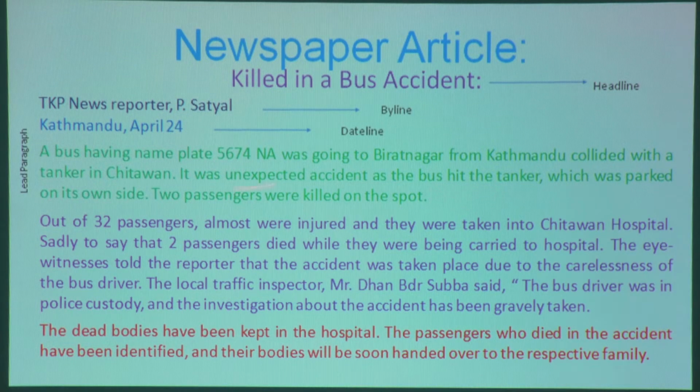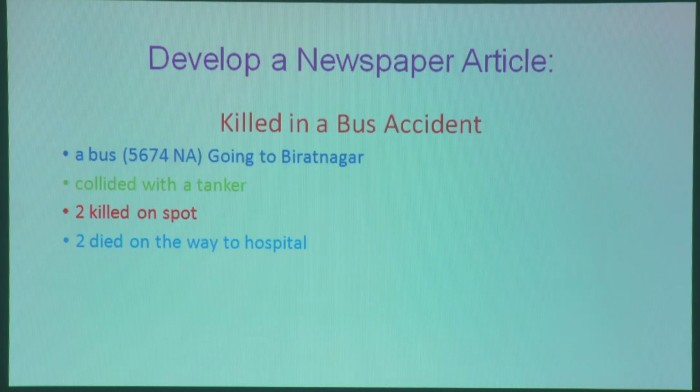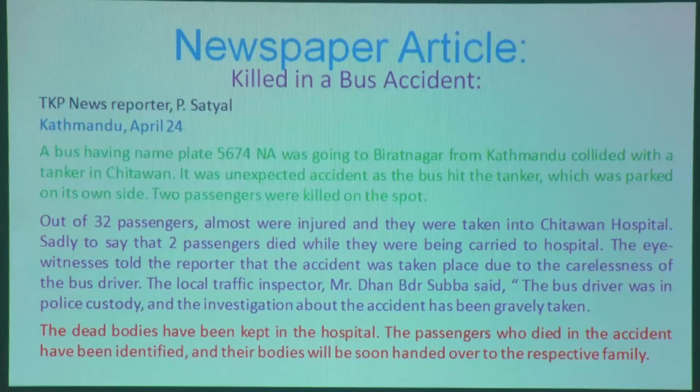From the clues you can develop this, which was parked on its own side. This is your own creativity. And two passengers were killed on the spot because it was given in the information. But some other things we have mentioned ourselves, we have developed ourselves. In that way you can do.